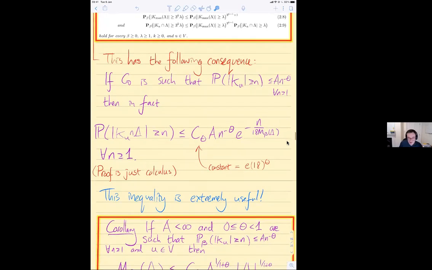Then what this tells us is that if we take a finite set of vertices lambda, then the probability that the intersection of the cluster with lambda is bigger than n is bounded by this thing, where basically I have this power law term that I get from the assumption, but I gain this kind of exponential dampening term that says it's hard for this to be much larger than the typical value of the maximum.